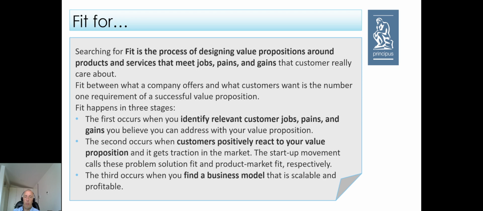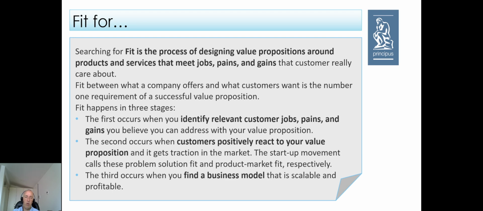When you develop new products, you will go through three stages of adoption, as they are described by Alexander Osterwalder, Yves Pigneux, Gregory Bernarda, and Alan Smith in their book Value Proposition Design: How to Create Products and Services Customers Want. They talk about process of fitting between the company product and customer needs. The first fit occurs when you identify relevant customer jobs, pains, and gains.